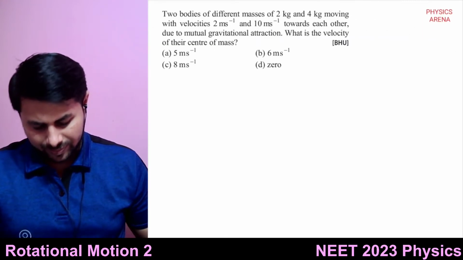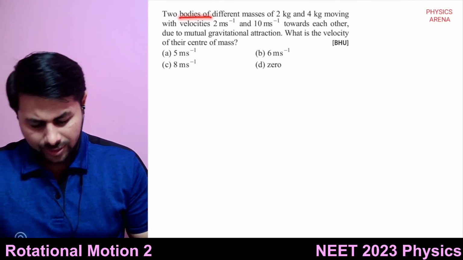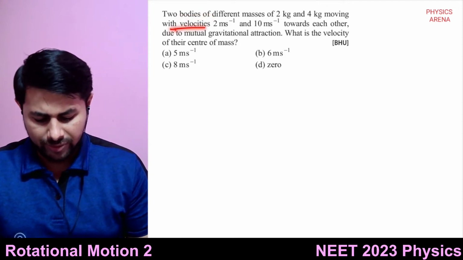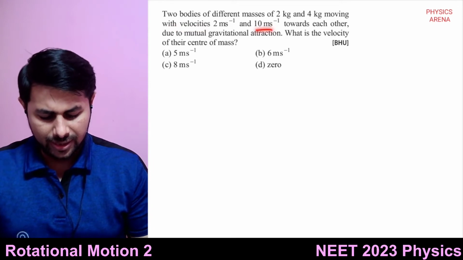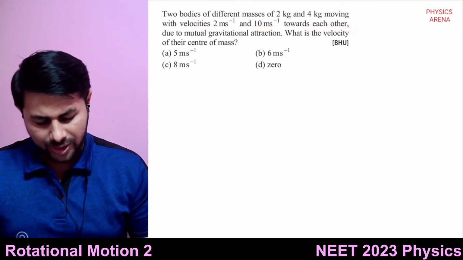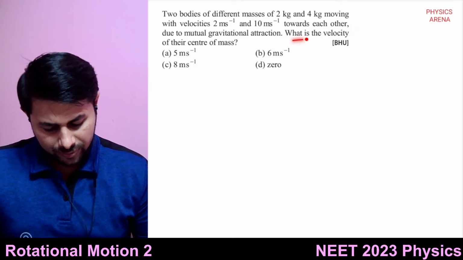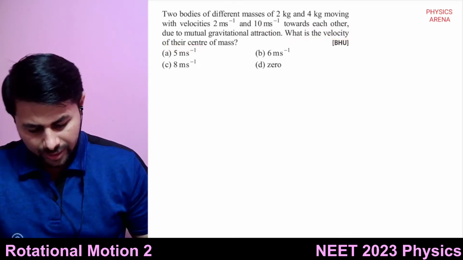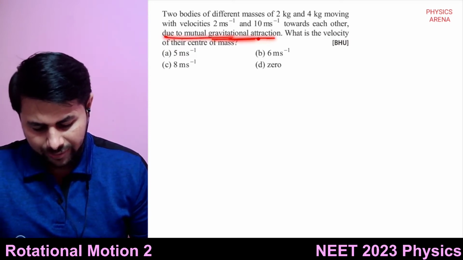Okay, next question. Two bodies of different masses of 2 kg and 4 kg moving with velocities 2 meters per second and 10 meters per second towards each other due to mutual gravitational attraction. What is the velocity of their center of mass? Again, they are moving due to the mutual gravitational attraction.